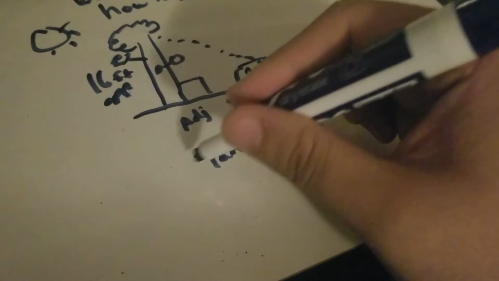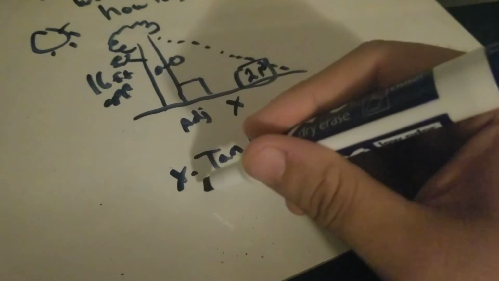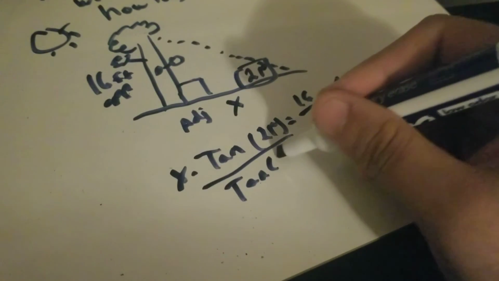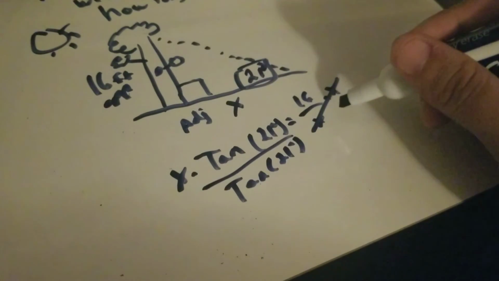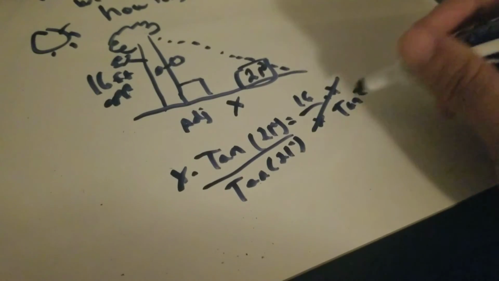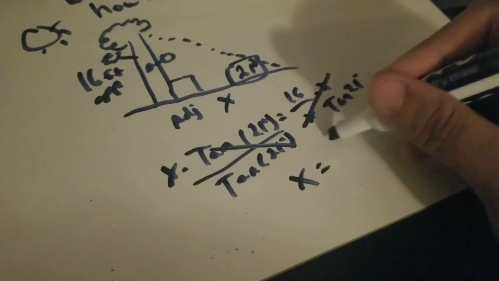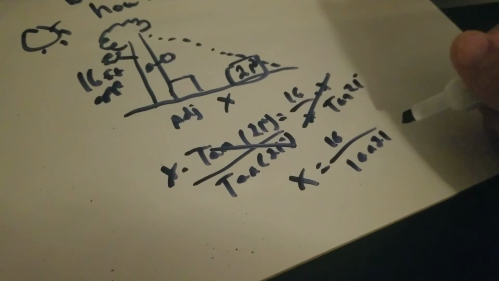I'm going to multiply by x on both sides, and you should feel familiar with the process, since you did it for homework and we've done a bunch of practice. Then I'm going to divide by tan 21 on both sides and cross that out. So I'm left with x equals 16 over tan 21.